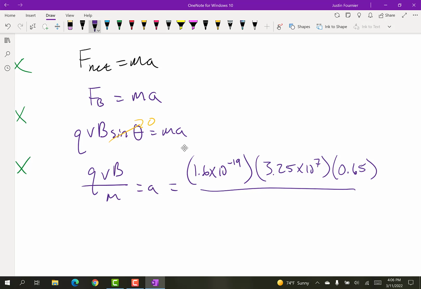And then lastly, the mass of the electron is 9.11 times 10 to the negative 31 kilograms. Plugging all that in, 1.6 times 10 to the negative 19 times 3.25 times 10 to the 7 times 0.65 divided by 9.11 times 10 to the negative 31, and I get 3.71 times 10 to the 18.